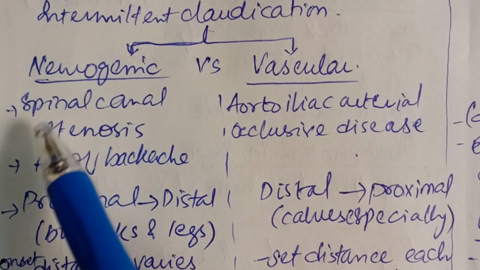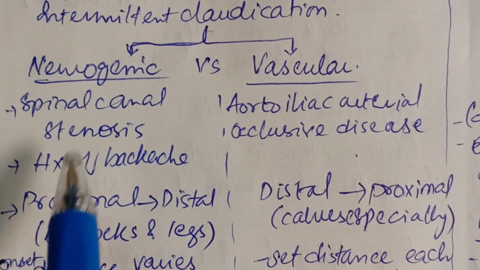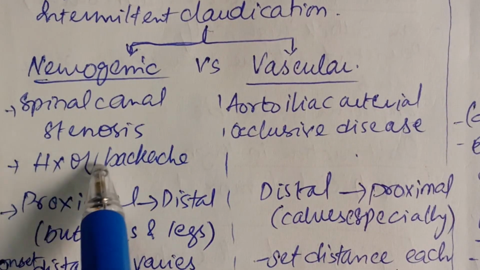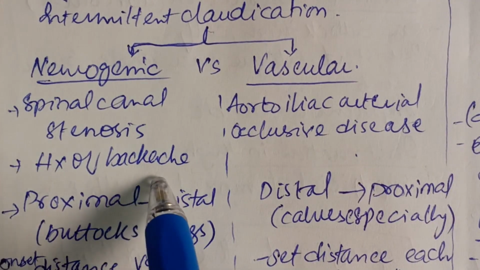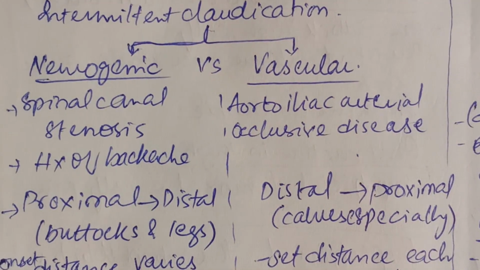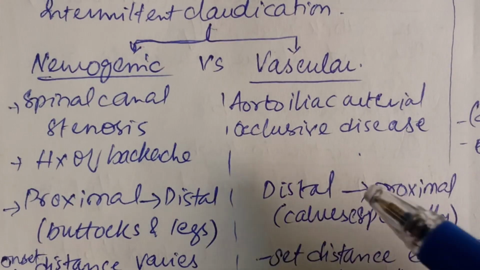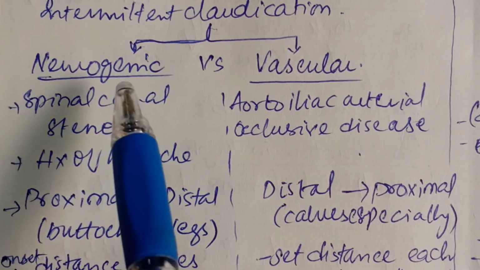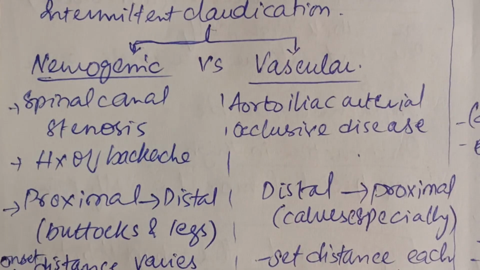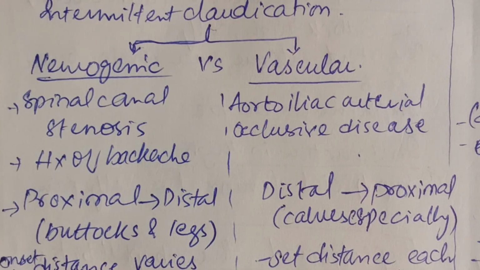Neurogenic claudication is when there is spinal canal stenosis and the patient has a long history of backache, while vascular claudication is due to aortoiliac arterial occlusive disease. The pain of neurogenic claudication is usually experienced by the patient when walking or exercising, and the time of onset of pain can vary.